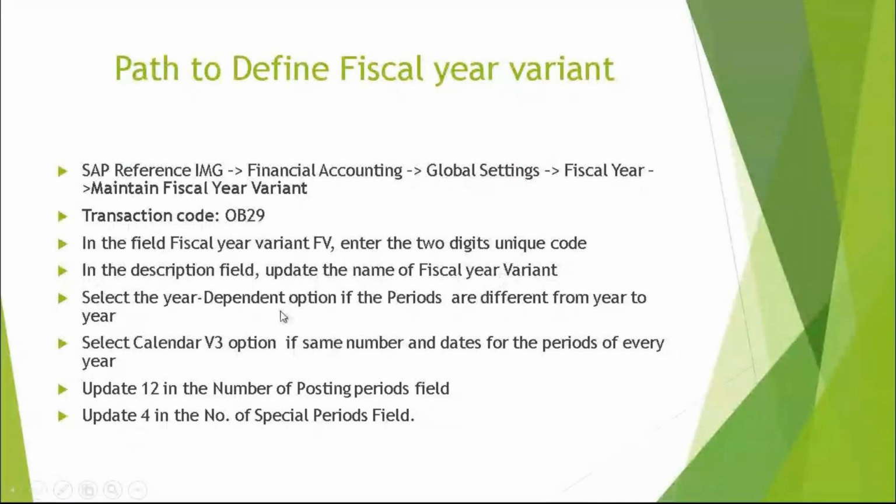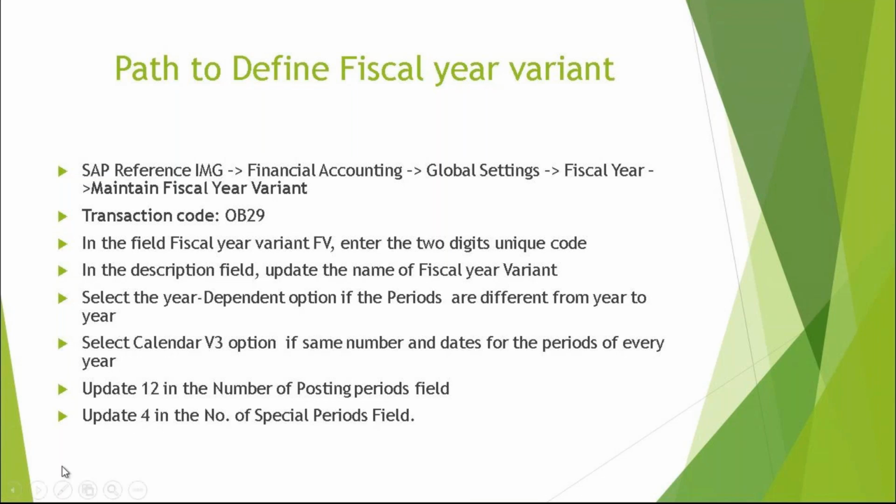Select the year dependent option if the periods are different from year to year. If the periods are different from year to year, we will be selecting it. Select the calendar year option if the same number and dates of periods are used every year. V3 is the Indian variant. Okay, in SAP the variant is already created, we don't want to create it, we copy the V3 variant.